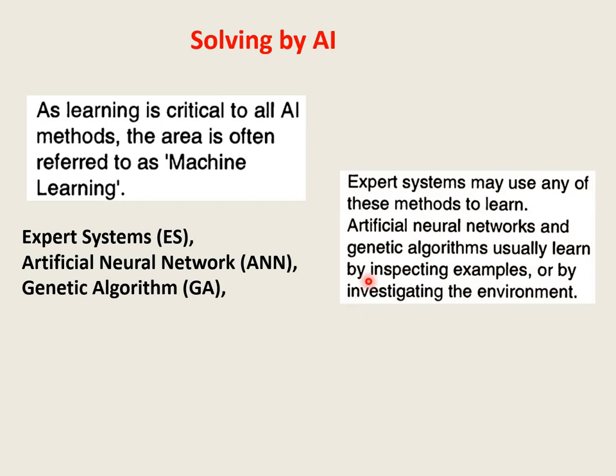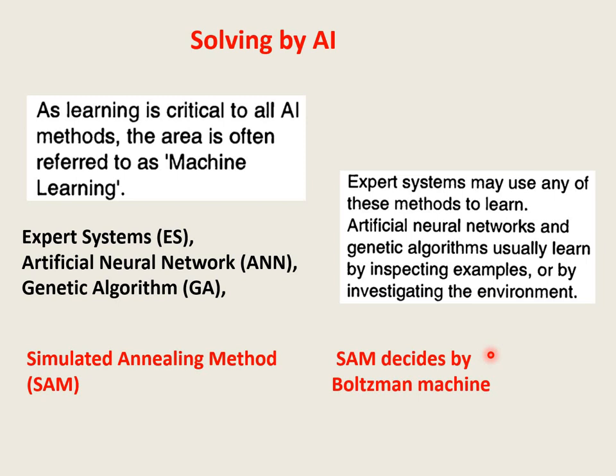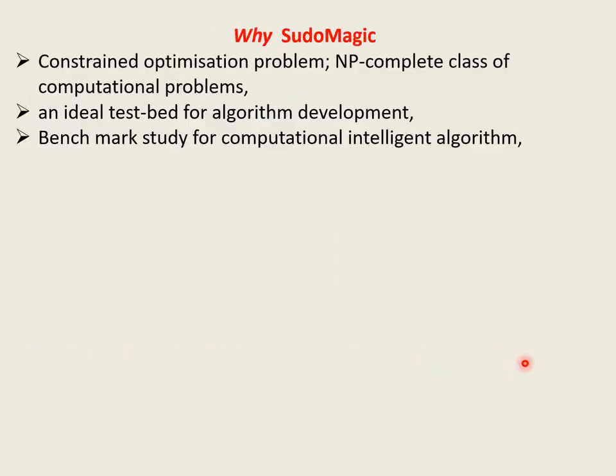Learning strategies like expert systems may use any of the existing methods to learn, but ANN and genetic algorithms usually learn by inspecting examples or by investigating the environment. But today we'll be exploring not these methods but the simulated annealing method, SAM, which learns or decides by the Boltzmann machine, which I will explain in a while. So why is SudoMagic a challenging problem?